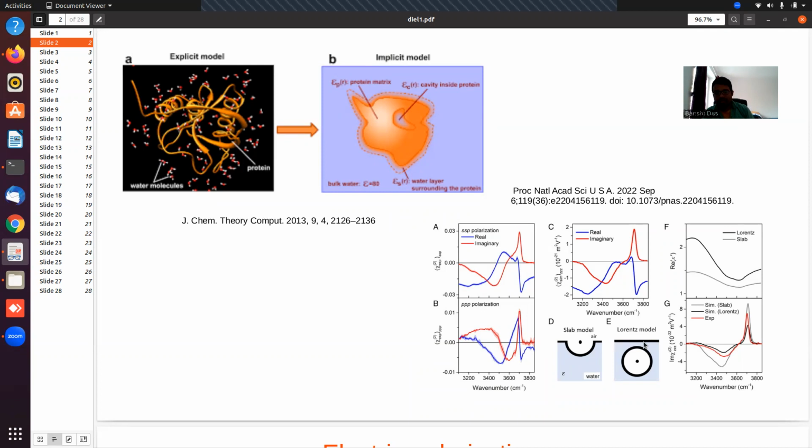Suppose we consider this surface spectroscopy experiment, SFG. Some light is coming with some electric field and interacts with the interface material and then gives a response. But we measure the electric field at the beginning, and at the interface it will change.